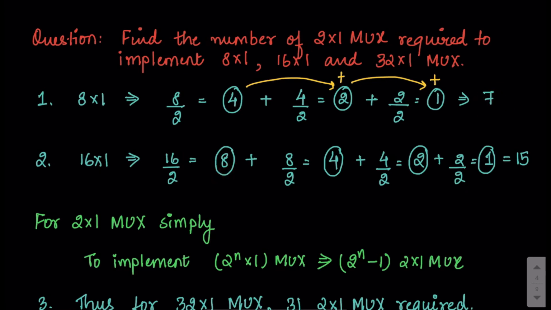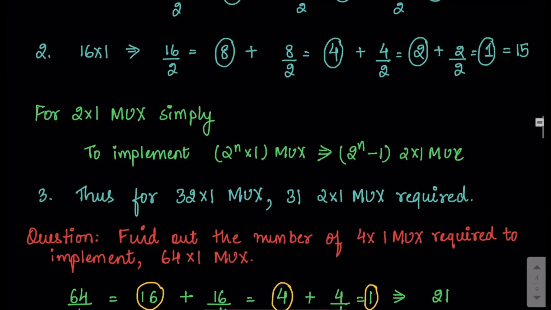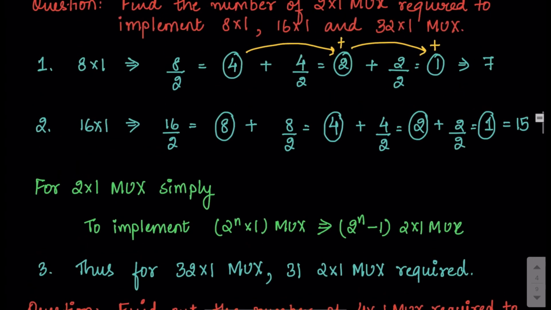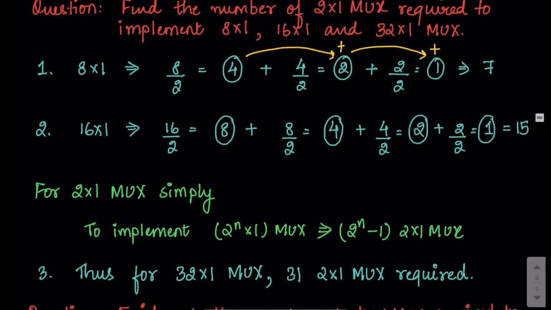But if you notice one thing, simply for the 2 cross 1 mux, in order to implement 2 to the power n cross 1, like let's say 8 cross 1, we require 8 minus 1, that is 7 2 cross 1 muxes, like we just solved. So you just have to subtract 1 from this number.